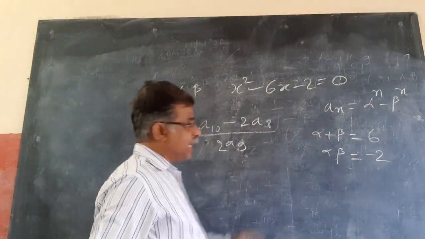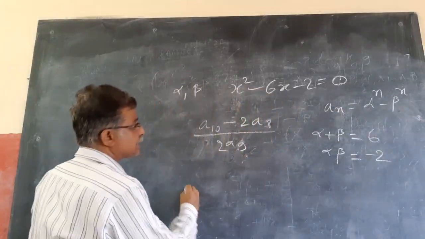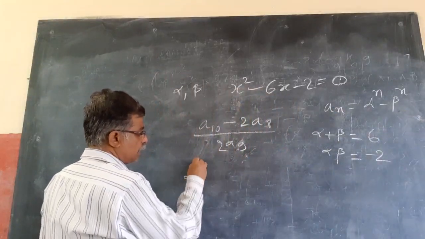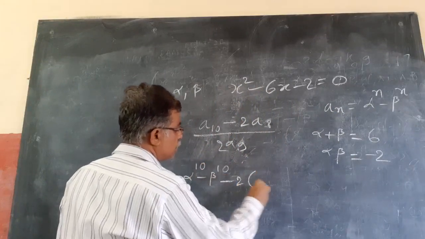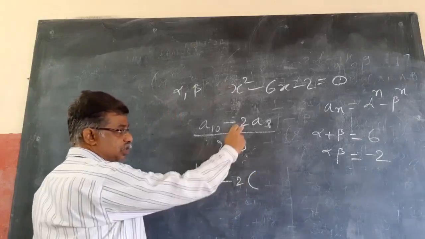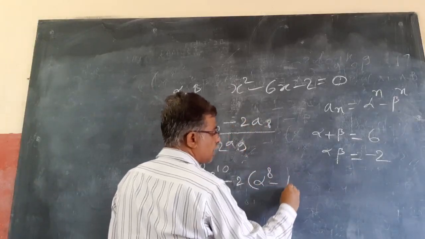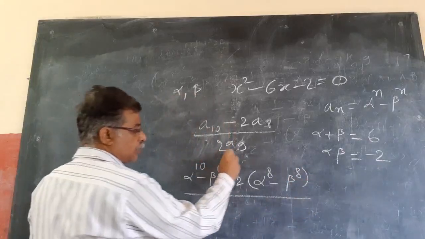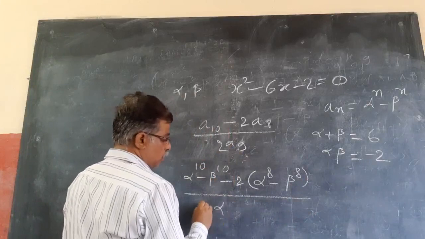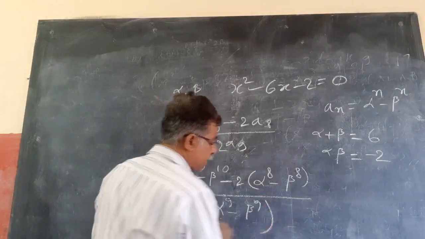Now a10. What is a10? a_n equal to alpha power n minus beta power n, means alpha power 10 minus beta power 10, minus 2 into a8. a8 is alpha power 8 minus beta power 8, by 2 into a9, means 2 into alpha power 9 minus beta power 9.